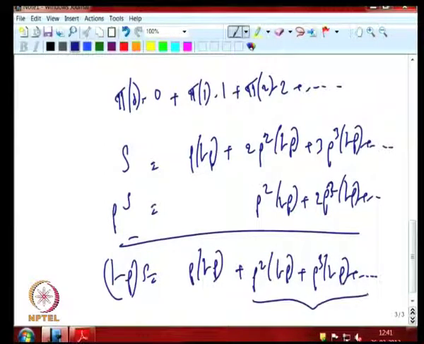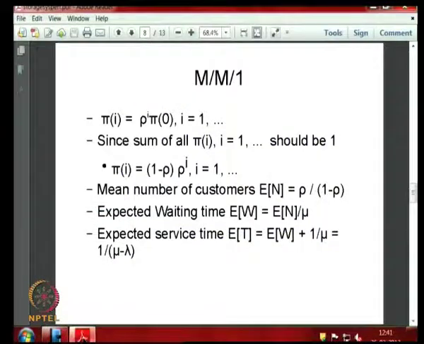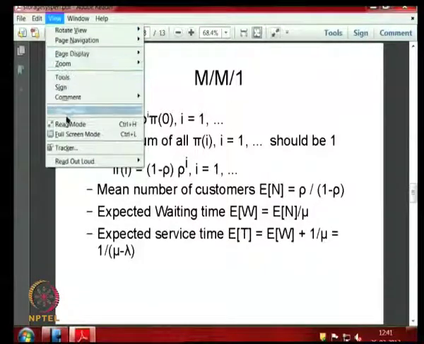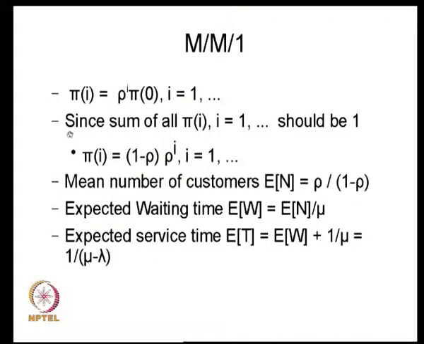Now this can be summed up, because this is basically a geometric progression, and you can compute S from here. It's very straightforward manipulation. If you compute that, you will find that the mean number of customers is rho by 1 minus rho.